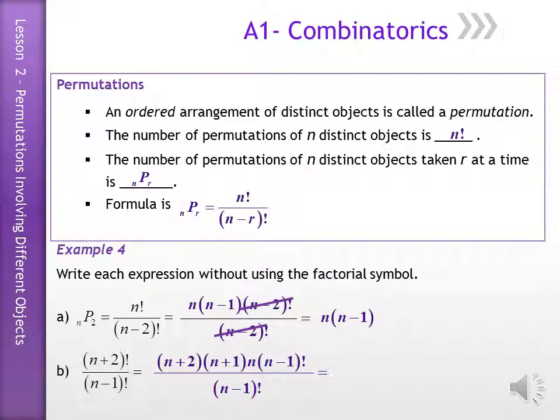It matches the bottom. Add the factorial sign to say we could go further, but we're not going to. Now, the n minus 1 factorials cancel out, and we are left with n plus 2 times n plus 1 times n.